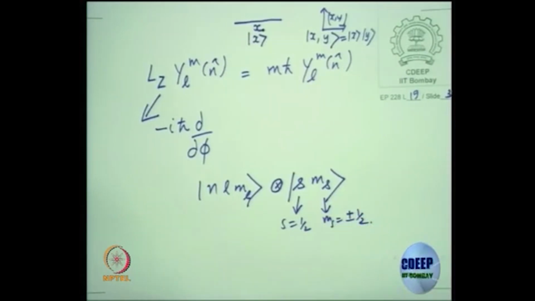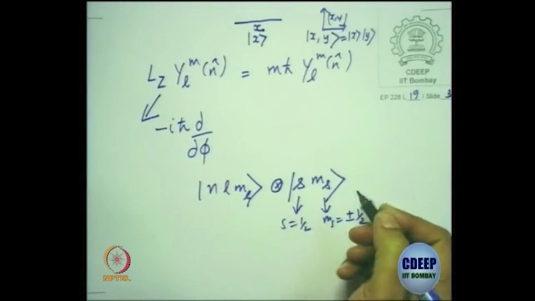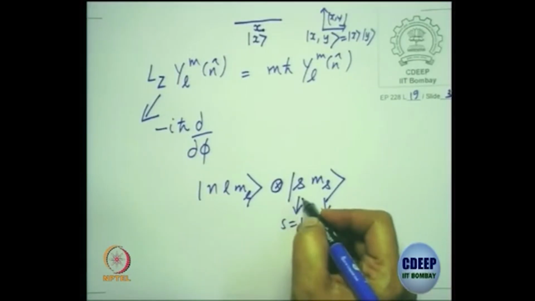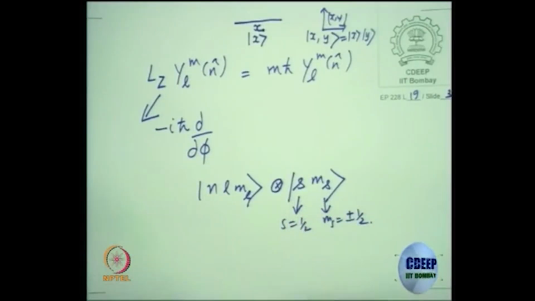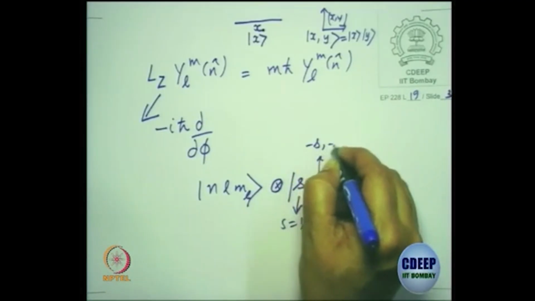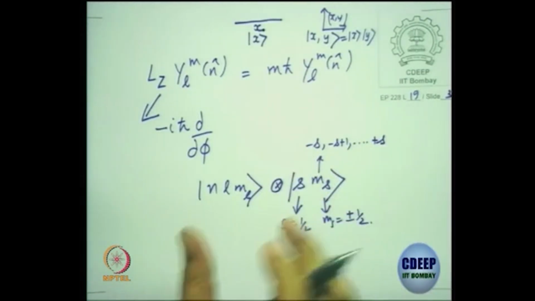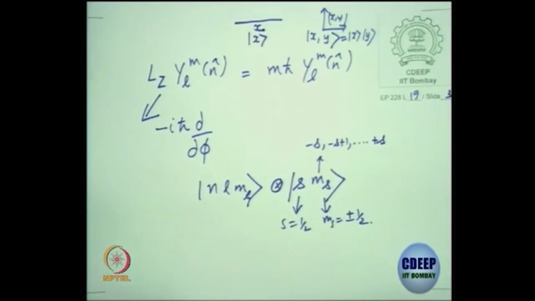It goes from minus S to plus S. Is the motivation clear? How this S equal to half is pushed in from the experimental data? Because only two splittings are seen, not more than two. Yeah, so that is why. If you take S to be half, the magnetic quantum number corresponding to the spin quantum number will go from minus S to plus S in steps of 1, right? And I want this to be only two states. There are only two lines of splitting seen.